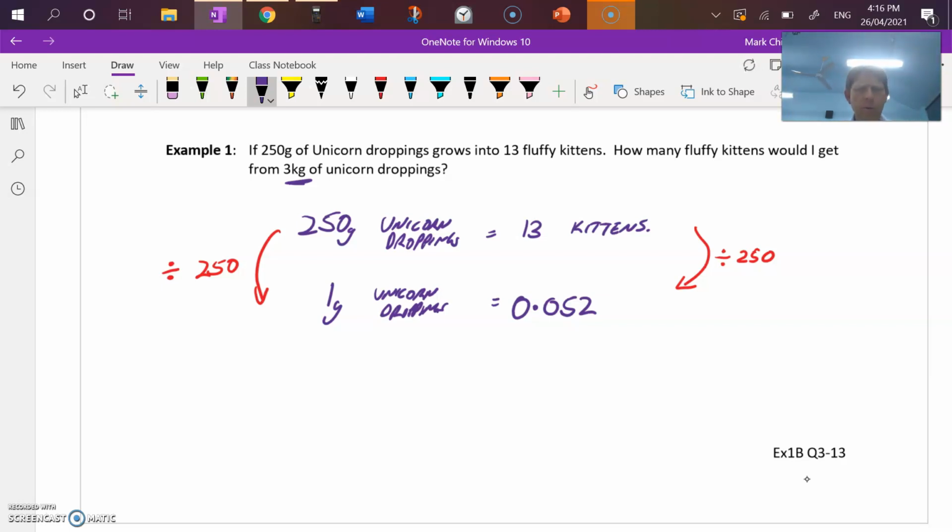But of course, that's not what we're after. We're not after a simplified rate. We're after how much we get out of 3 kilos. So to go from 1 gram up to 3 kilos, I would need to multiply that gram by 3,000. And that would get me 3 kilos of unicorn droppings.